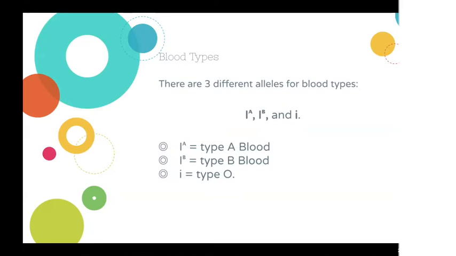Capital I with the little a is type A blood, capital I with little b is type B blood, and lowercase i is type O. These are this way because type A and type B are co-dominant, while type O is recessive.